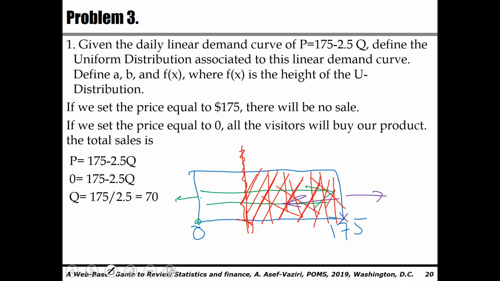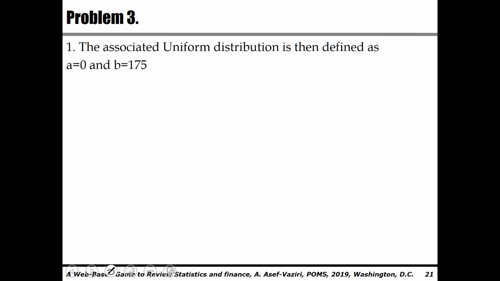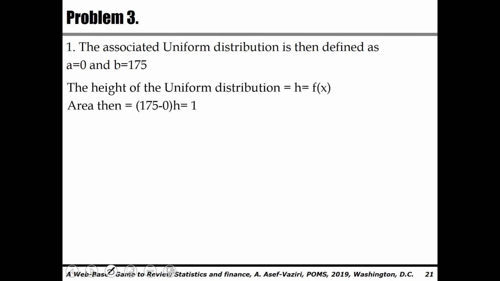For this area, I have the width. All I need is to find the height. The minimum value is 0, the maximum value 175. Height of it is referred to as f of x. Area is computed as width multiplied by height equal to 1.